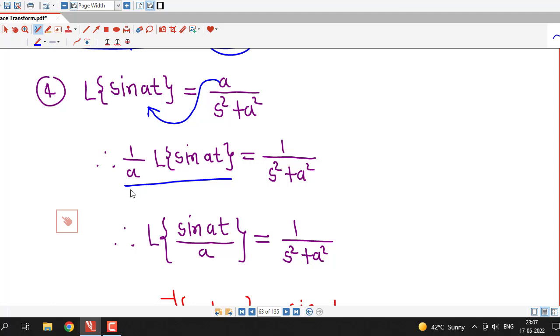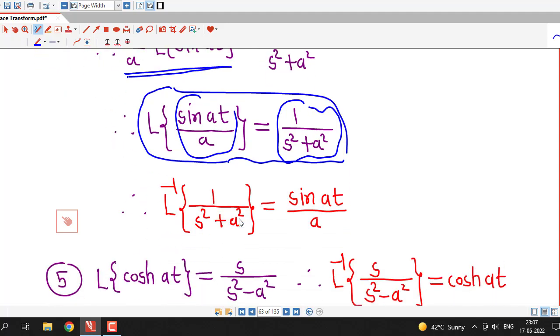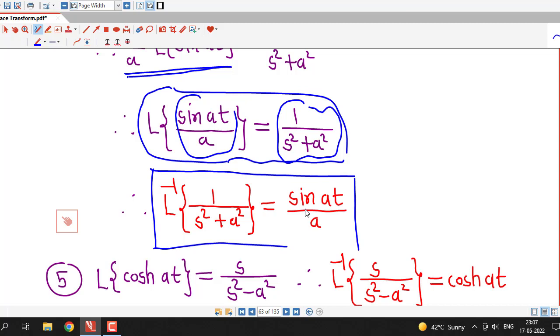So this I have rewritten as the Laplace transform of sin at divided by a equal to 1 divided by s square plus a square. So from this I obtain the formula for the inverse Laplace transform of 1 divided by s square plus a square, and it is sin at divided by a. Therefore L inverse of 1 divided by s square plus a square is equal to sin at divided by a.